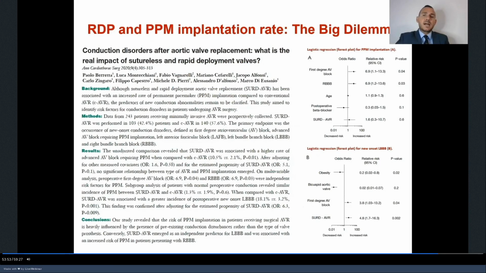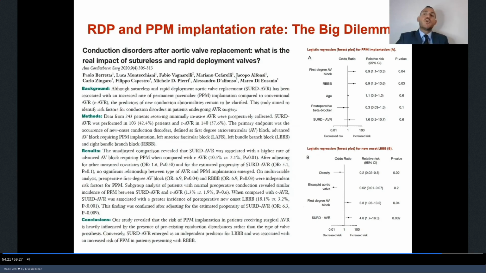However, I found this paper from Professor Di Bartolomeo's group very interesting, showing objectively how the rapid deployment valves are not really associated with an increased pacemaker implantation rate, but more with an increased postoperative left bundle branch block.